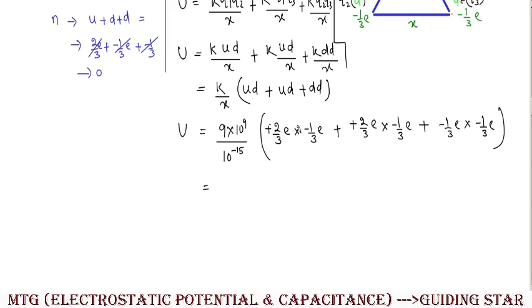So in this particular case, it will be 9 into 10⁻9, and if 10⁻15 goes to the numerator, it will be 9 into 10⁻24.